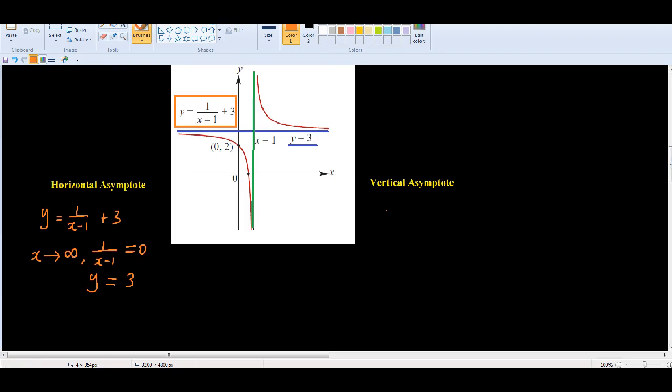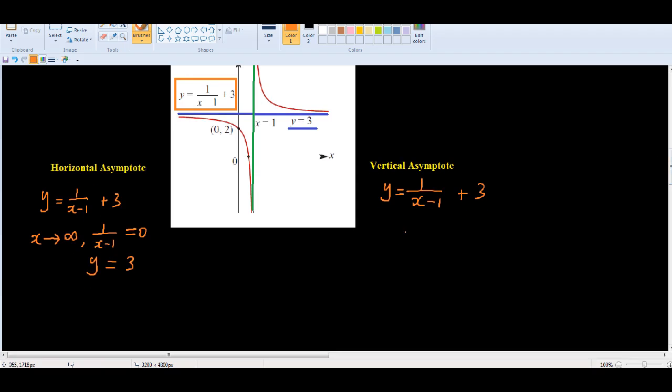What's the logic behind this? For the vertical asymptote, you need to find the value which will make x minus 1 equal 0, because when x minus 1 is 0, y becomes undefined. So x minus 1 equals 0 will make y undefined.